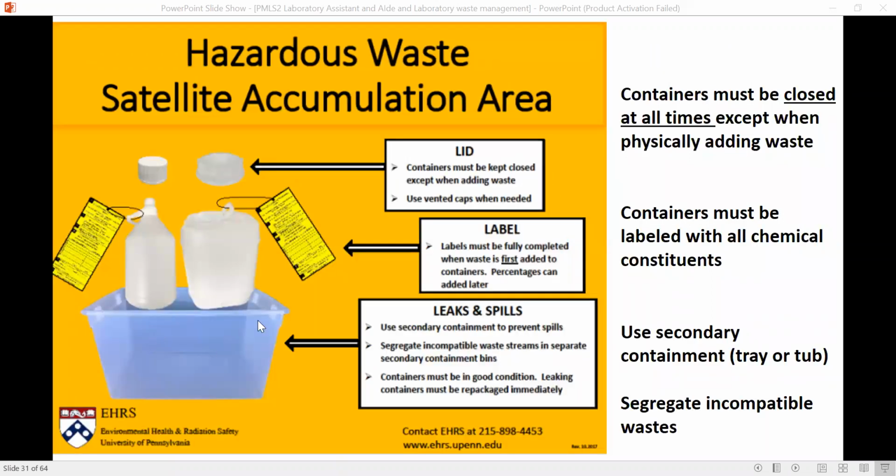Pag may tatapon, dito pupunta, hindi mag-spill doon sa floor. Kailangan yan closed at all times. Very important yan. And must be labeled with all chemical constituents. Ano bang laman nito? At kailangan mayroong secondary containment at kailangan nakasegregate yung mga incompatible waste, magkakahiwalay.